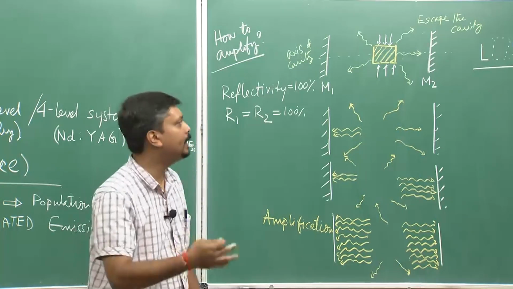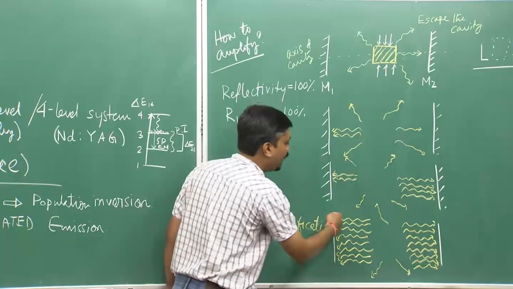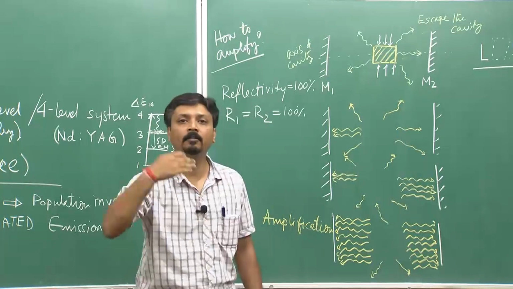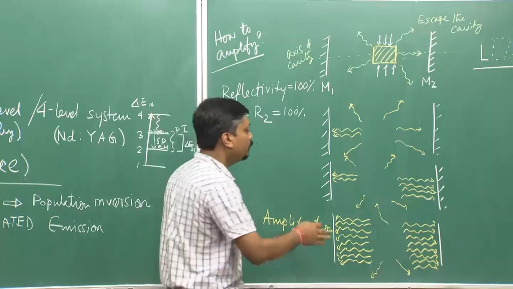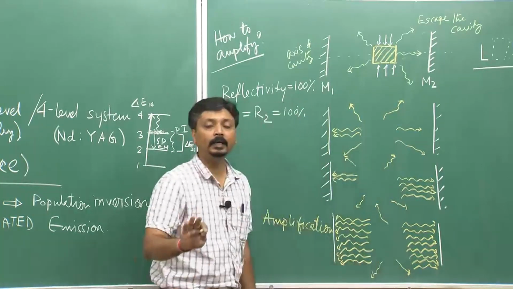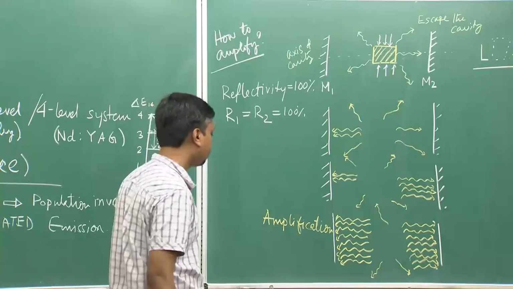So, everything is identical to this spontaneous photon, and when I amplify them, all of them have the same property. So, that is a wonderful thing, right, and that is why one needs a light source like a laser instead of a conventional light source, all right.